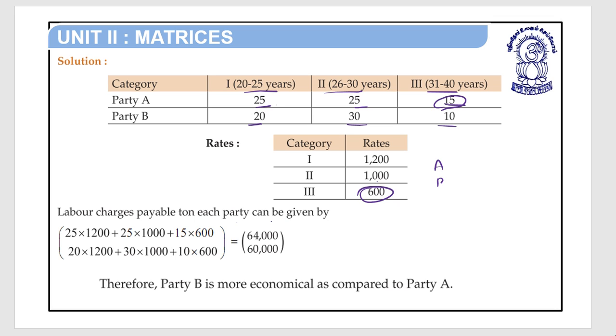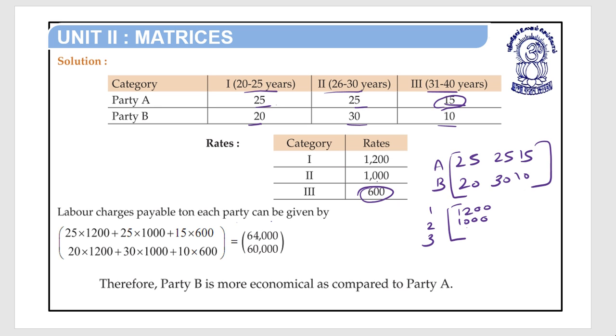This matrix becomes like 25, 25, 15; 20, 30, 10. For prices and rates, this becomes like first, second, third: 1200, 1000 and 600.